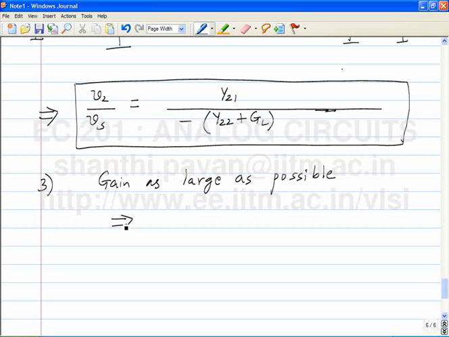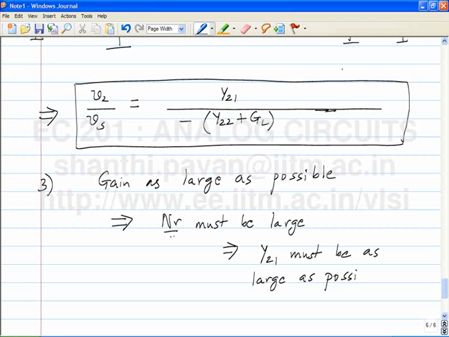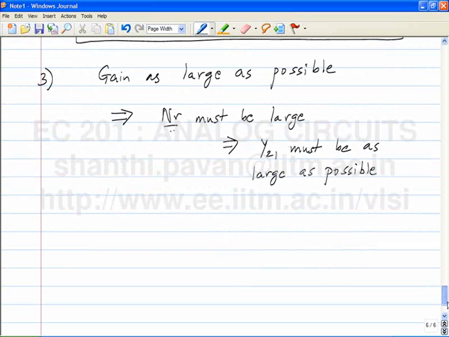So what is there in the numerator? Y21 must be as large as you can make it. And the denominator must be as small as possible.